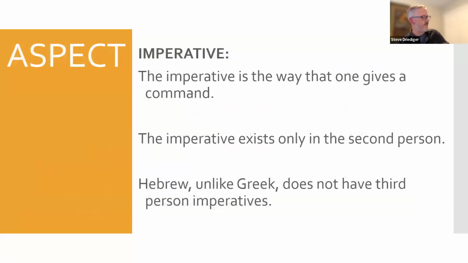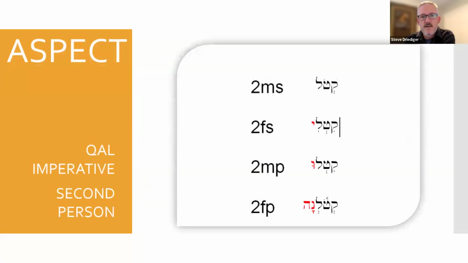The rest of it, we're going to see if we can go through a little bit quicker. Imperative, we know what an imperative is. We've been over that. We're giving a command. It only happens in the second person. Here's what it looks like. In some ways, it looks like the imperfect without the prefix on it.